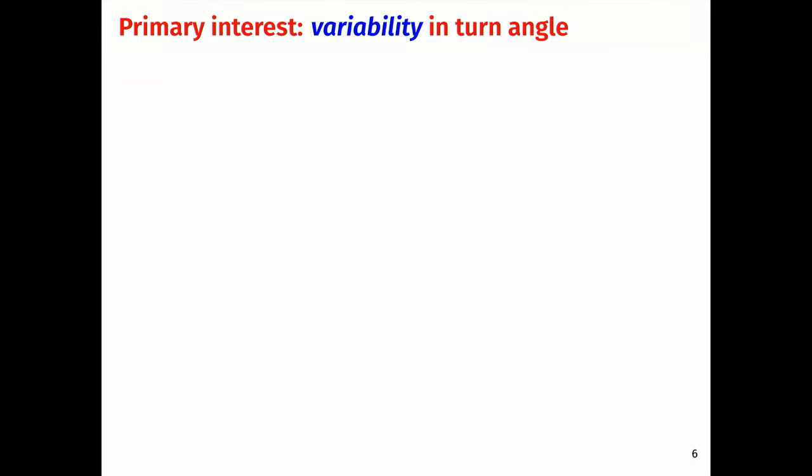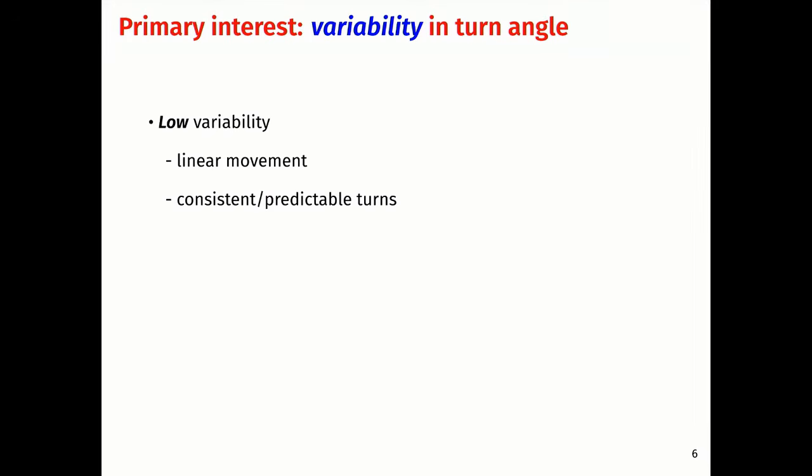So the keyword here is variability. Why should we care about this? Let's think about what it means to have high versus low variability in change of direction. In the case of low variability, this may correspond to straight line, linear movement, and also more consistent and predictable turning behavior. Just think of a player who runs straight most of the time.